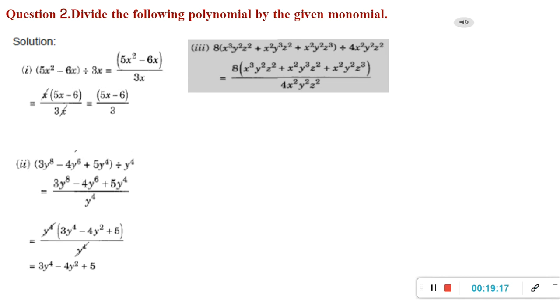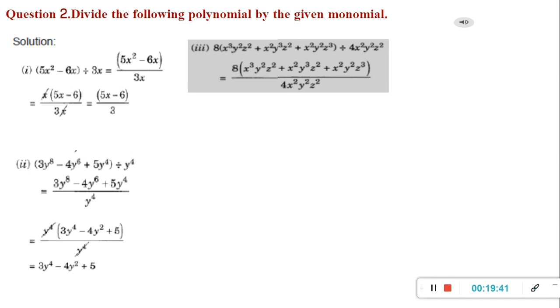Okay. So let's see. Yes, 8 can be written as 4 into 2, right? So 4 will cut from 8 2 times. Same way, see x square, y square, z square is there in the denominator. So from the numerator, we can take as a common factor the same, that is x square, y square, z square. Okay. All the three terms, their common factor is x square, y square and z square.